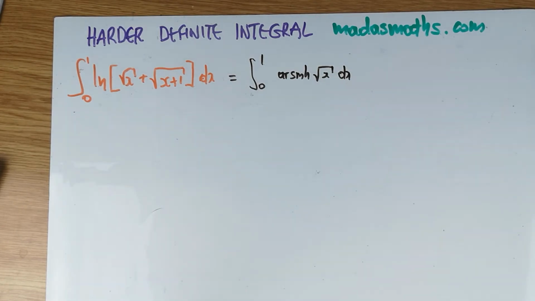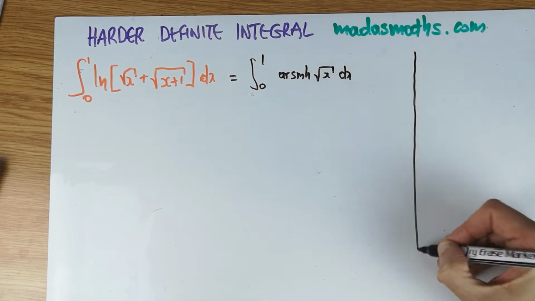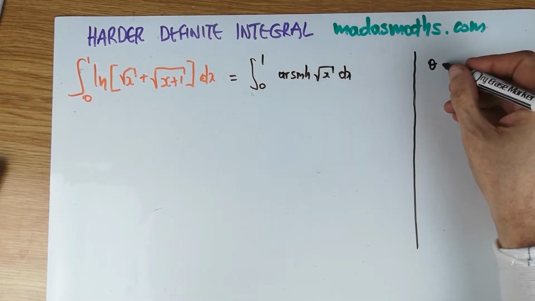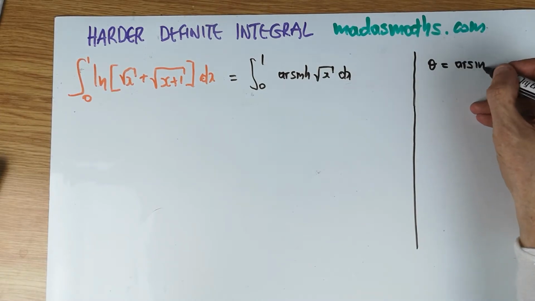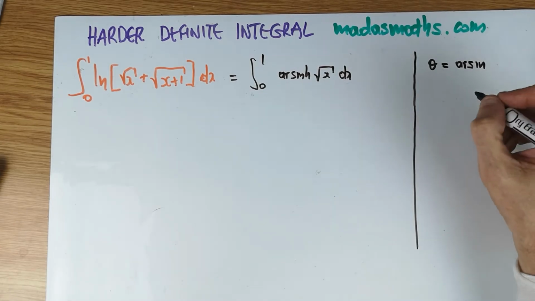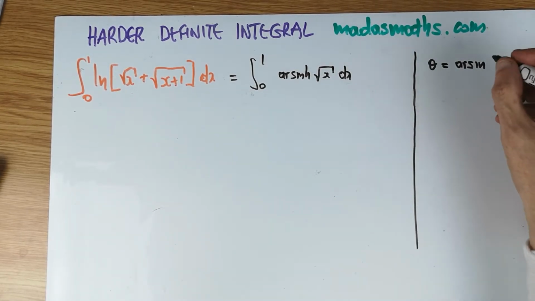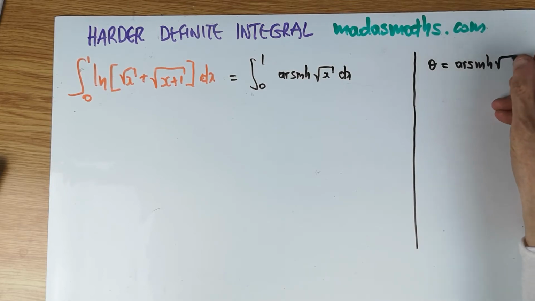I'm going to use a substitution and I'm going to call theta the whole thing, because as I see these things, the arc trig and the arc hyperbolics, I see them as angles, so I always call them theta. Theta is the arsinh of the square root of x.